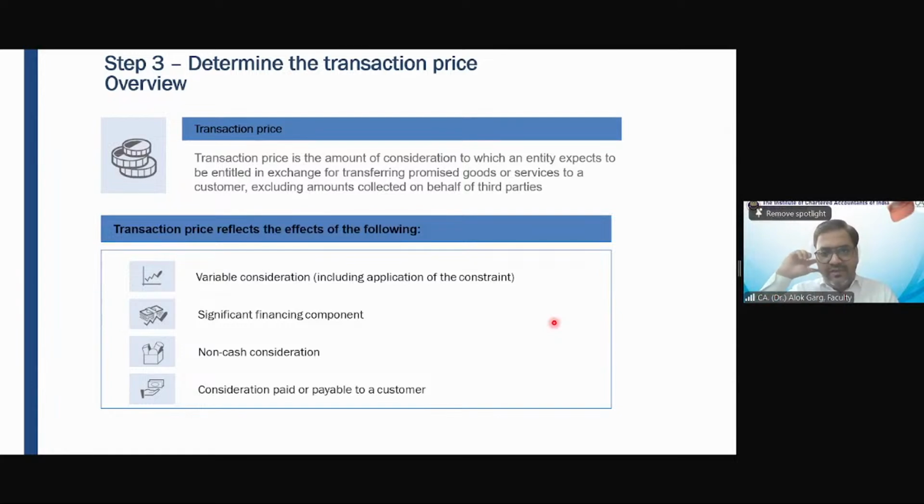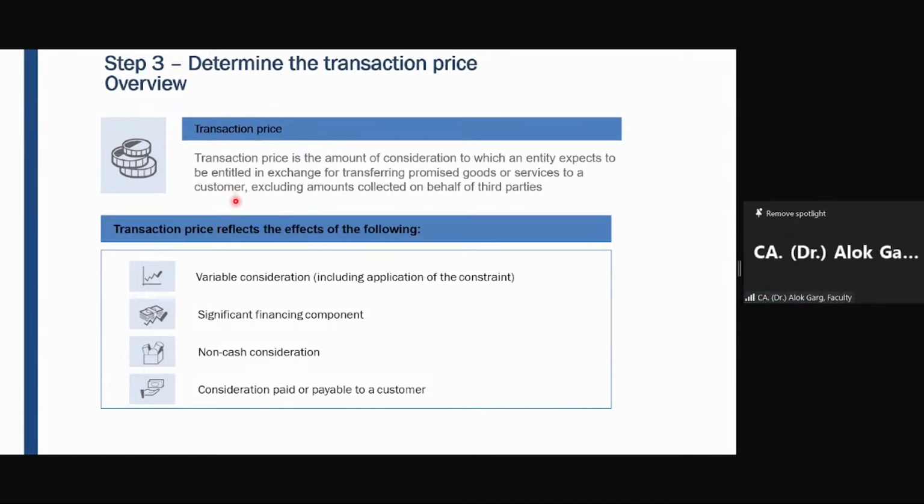Then, students, we discussed the concept of significant financing component. What is this concept? It says that you have to do substance based accounting. What is meant by substance based accounting?